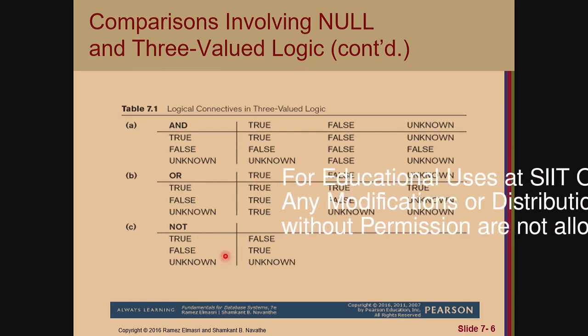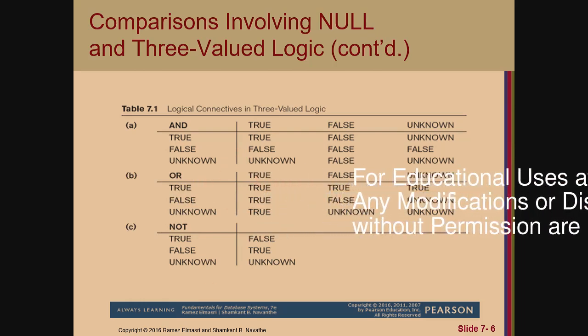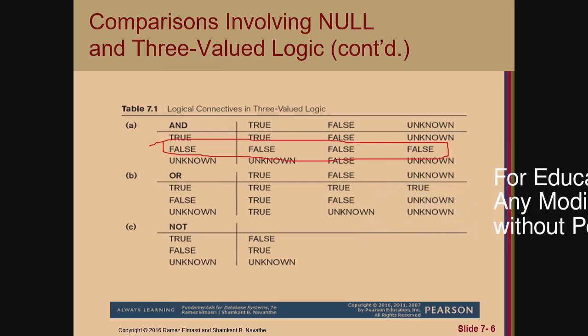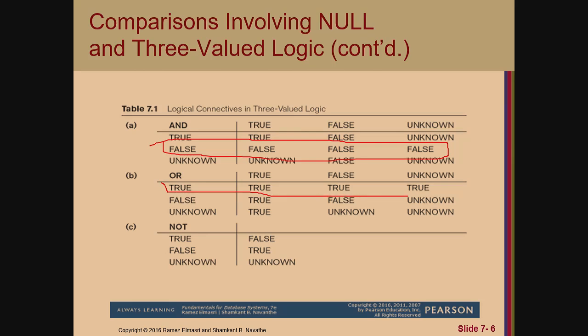But about OR, okay, let's see here. False or false, always false. In the OR operation, true is always true. Okay. But if you use OR, false or unknown becomes unknown. And unknown or true, we get true.